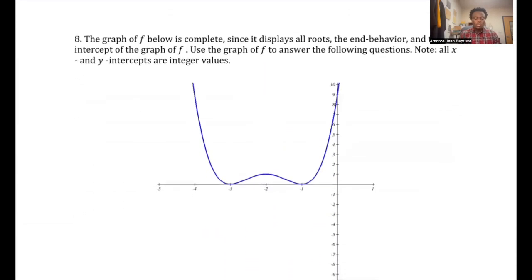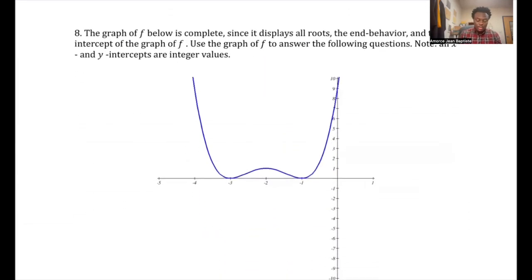Next, they want me to look at this graph, and first they want me to identify that this graph is complete. Here are the reasons why I can conclude that this graph is complete: I can see all the roots of this graph and all its end behavior, including the y-intercept.